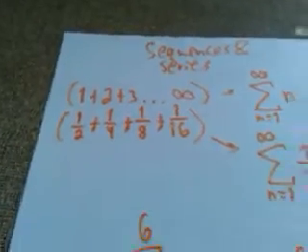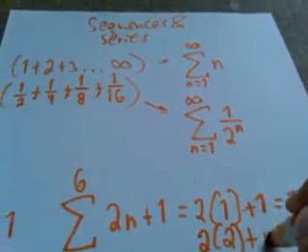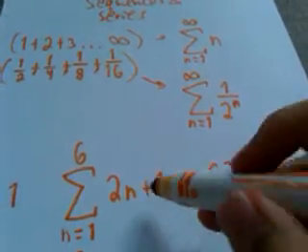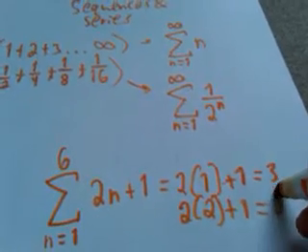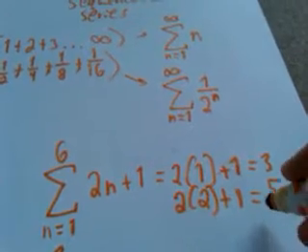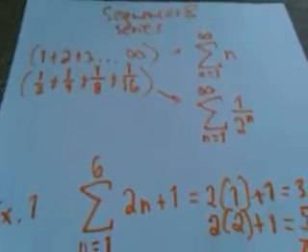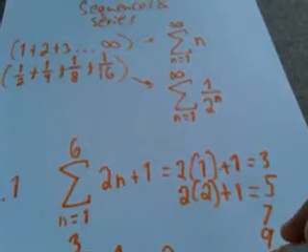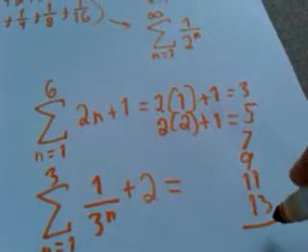Then we have 2 times 2 plus 1 again, because wherever the n is, you substitute the next number. So this will be 5, and then 2 times 3 plus 1 is 7. Just as shorthand, it would be 3, 5, 7, 9, 11, and 13. And basically, you simply add all these up.